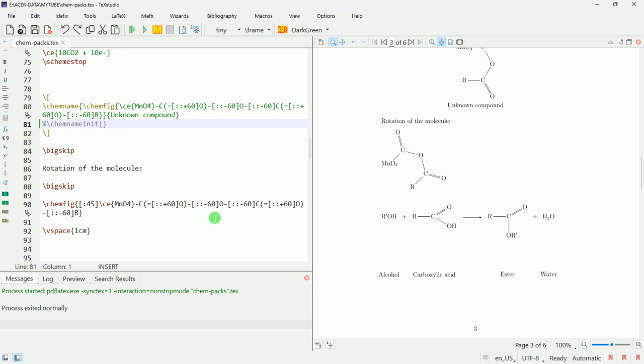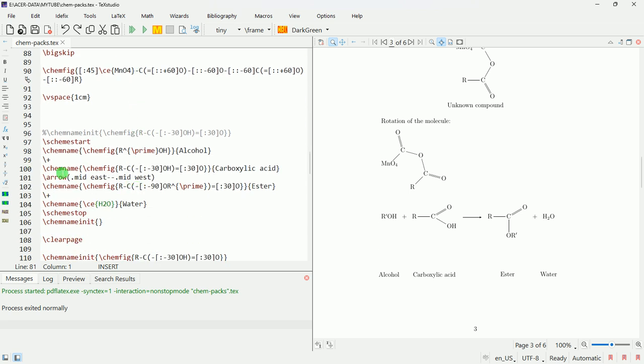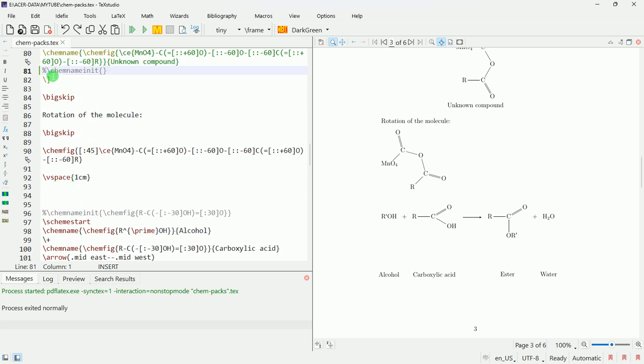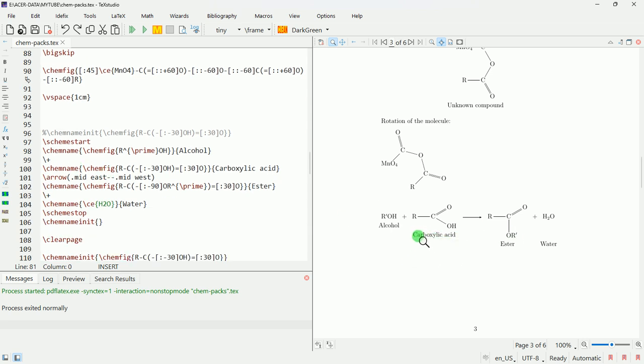So for that, I remove this percentage sign and compile it once again and get to my previous position, so that my original position is restored. Yeah, original position is restored. Now this chemname, what it actually does is that it always takes the larger of its own level and the previous level.